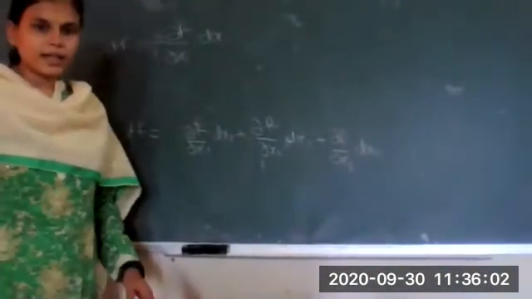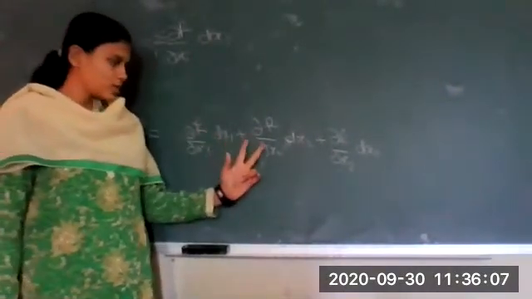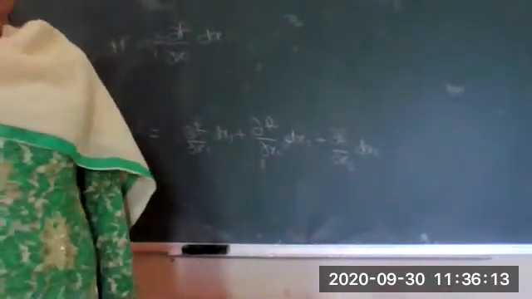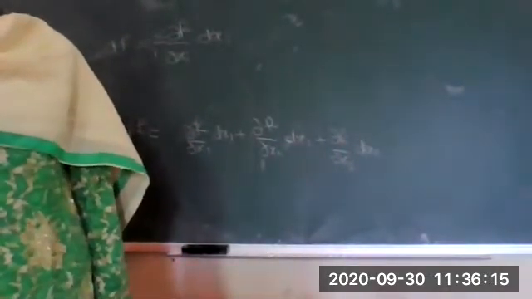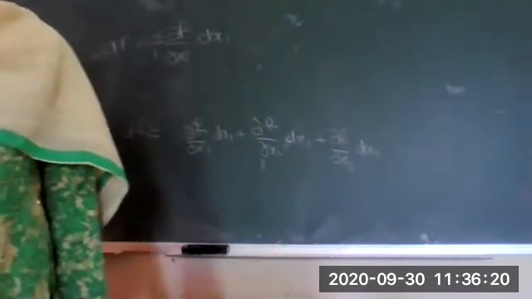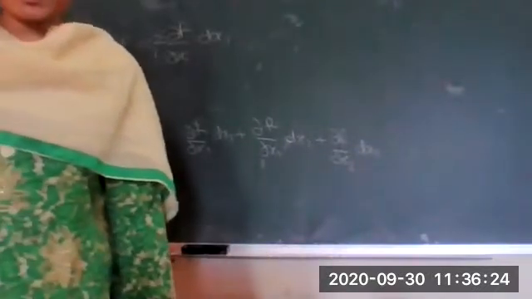How do you evaluate the derivative of a function? First you have to evaluate dou f by dou x1 into dx1, next dou f by dou x2 dx2, dou f by dou x3 dx3. So we have proved that the differential df is equal to the summation over i of dou f by dou xi into dxi. Okay, so now next we have to evaluate some examples.